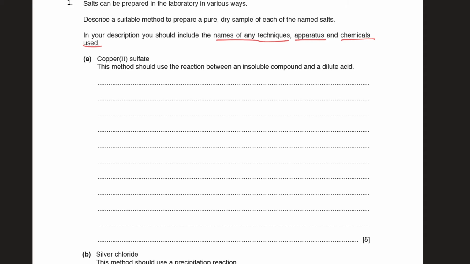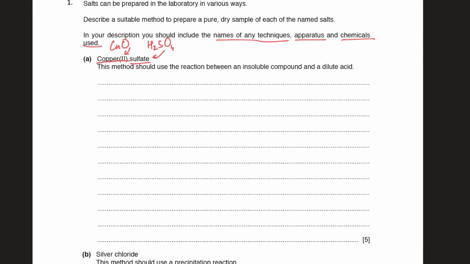Copper 2 should come from an insoluble solid. In this case, we could use copper 2 oxide. That will provide us with copper 2 ions. Similarly, sulfate should come from some acid, which again we know is H2SO4, sulfuric acid. So now we have the two things that we need.